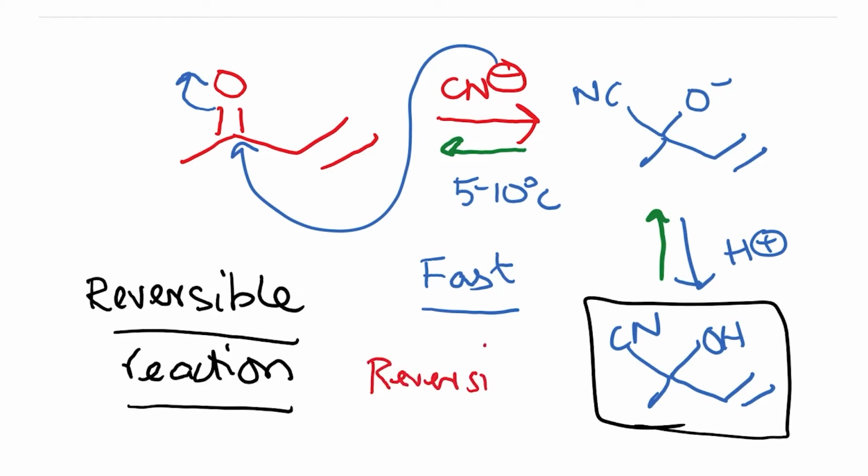So I guess we've already written it over here. So it is a reversible reaction and it is a fast reaction. Okay, so this helps us understand what happens at somewhere between 5 and 10 degrees. Okay, and we also know that it is reversible.